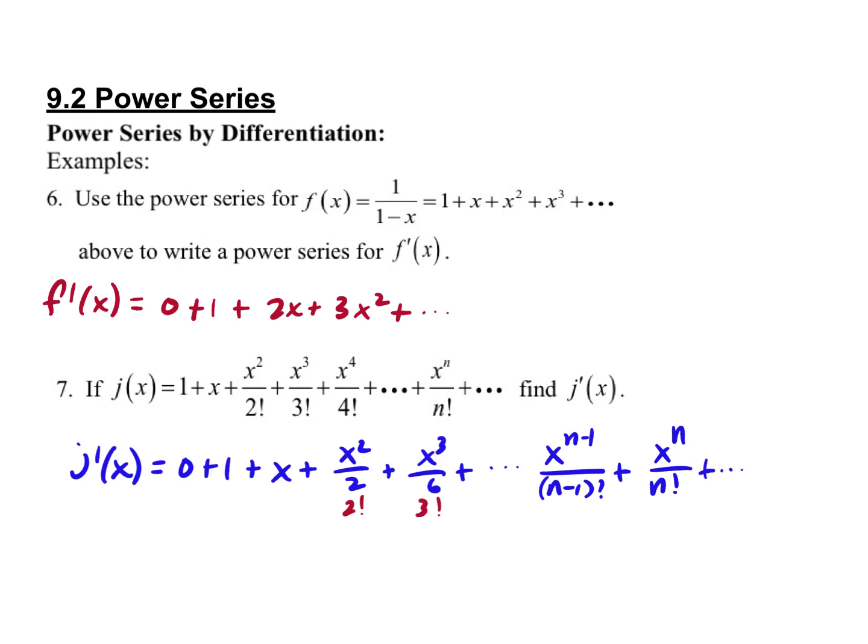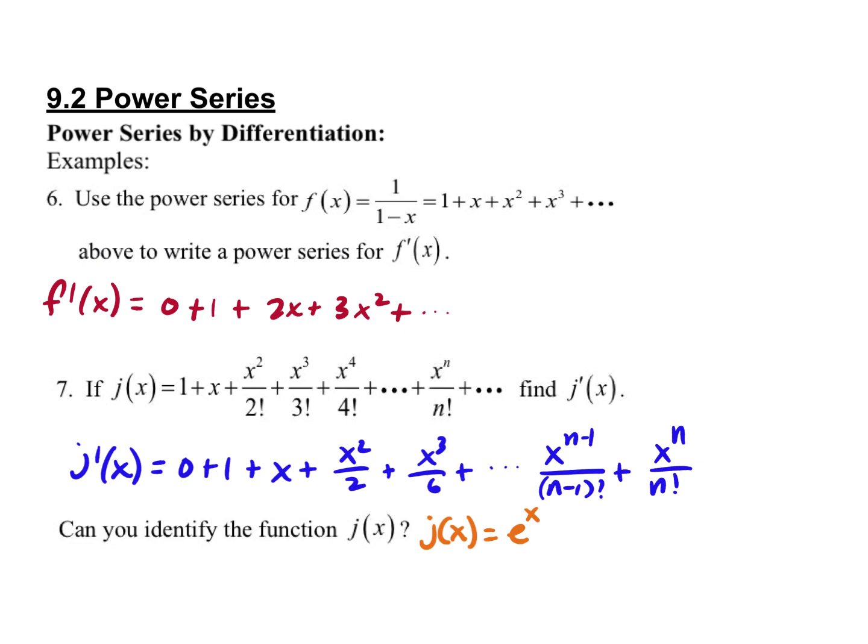Well, what function do you know whose derivative and itself are equal to each other? e to the x. So j of x equals e to the x. That is the only function, off the top of my head, where the derivative and the function are the same.